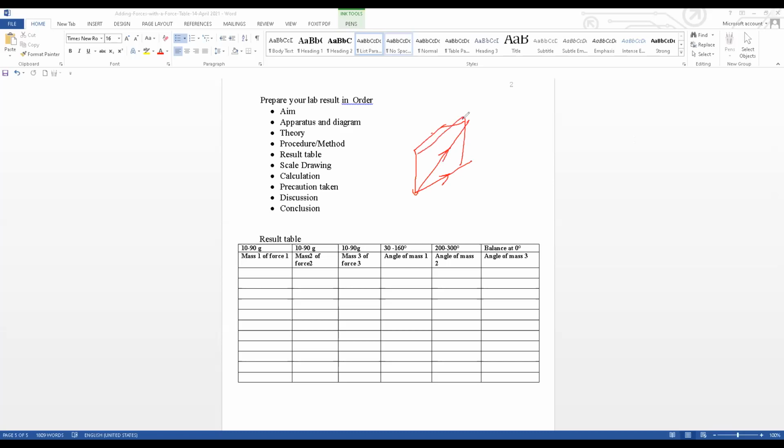You must show your resultant force, which is going to be equal to F3. Remember, F1 plus F2 equals F3, which is really your resultant force.